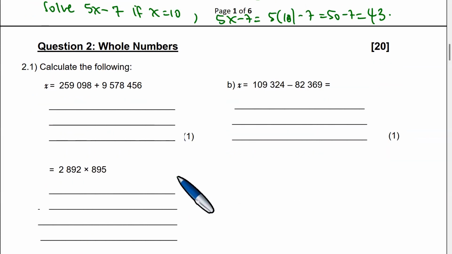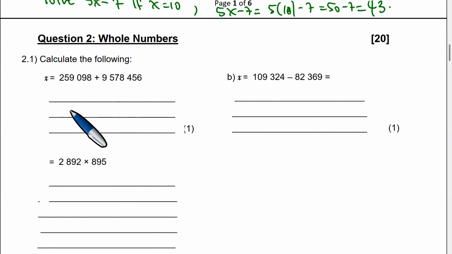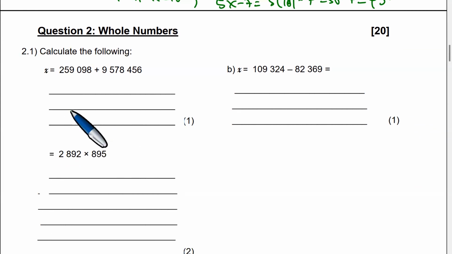Next, let's look at question 2. Question 2 is about whole numbers of paper 1 that you're going to write tomorrow. So let's look at the whole numbers. Calculate the following. Let's deal with the whole numbers.